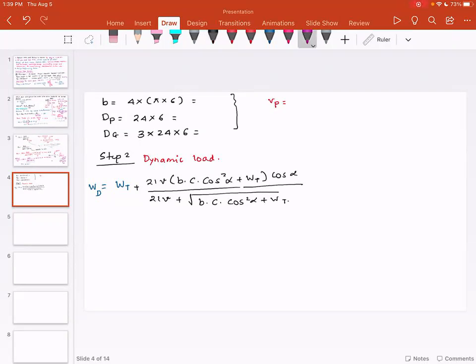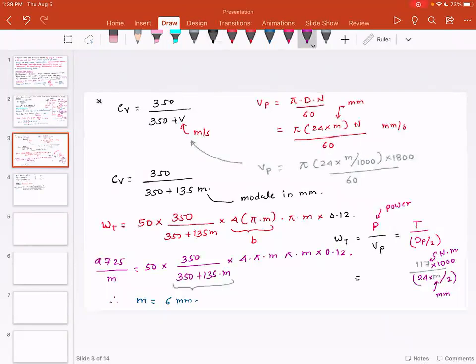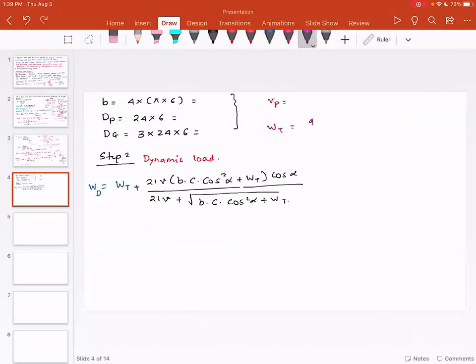Now, I just want you to refer to the design table, and I will do this exercise for you in this problem. WT is 9725 divided by N, which is in newtons.